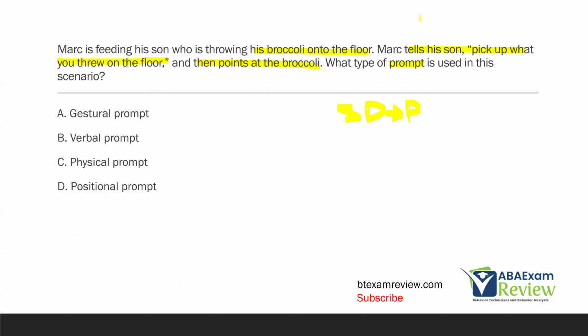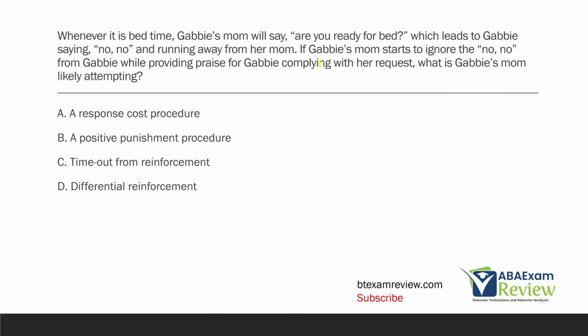And it's not positional because Mark isn't manipulating the broccoli. He's simply gesturing towards the broccoli to prompt his son to pick up the broccoli from the floor. So the prompt used in the scenario is going to be gestural. Very easy, straightforward prompting question. If you get a very simple question on the exam, don't overthink it. Just trust your preparation, answer it, and let's move on.